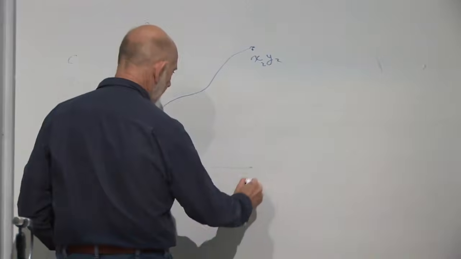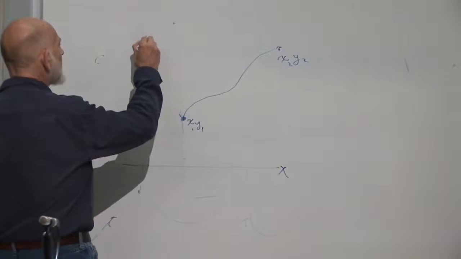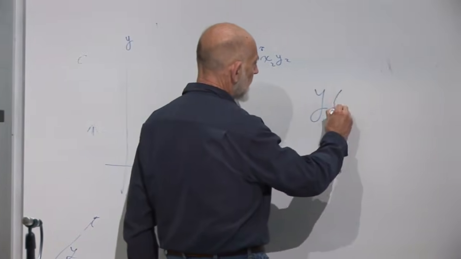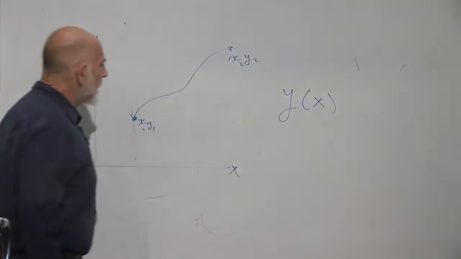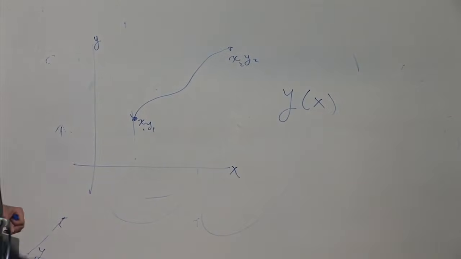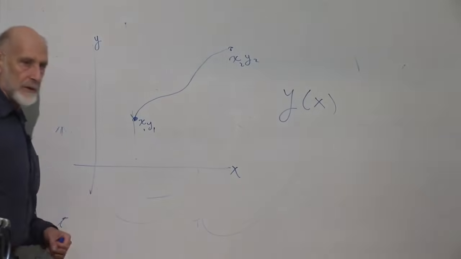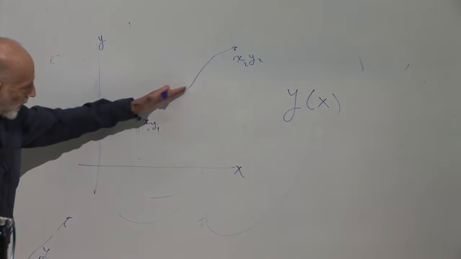That curve is defined by a function. Let's take this to be the x-axis. Let's take this to be the y-axis. And it's defined by some y of x. Suppose I give you a y of x that passes through these 2 points. Then along that y of x, there's some distance measured along y of x.